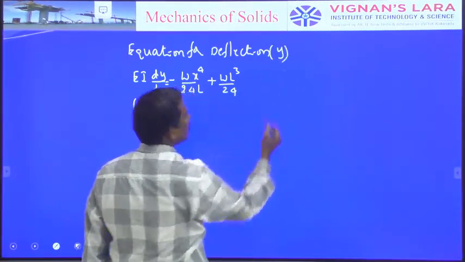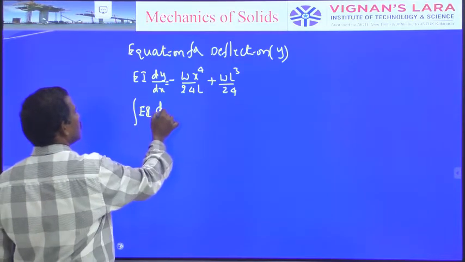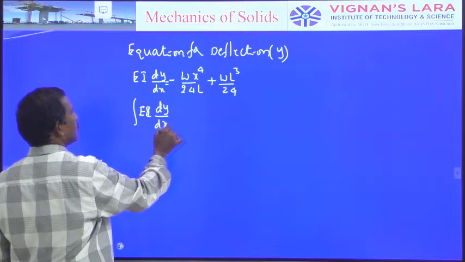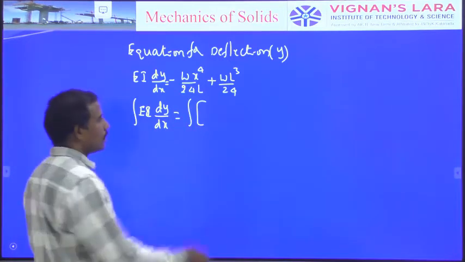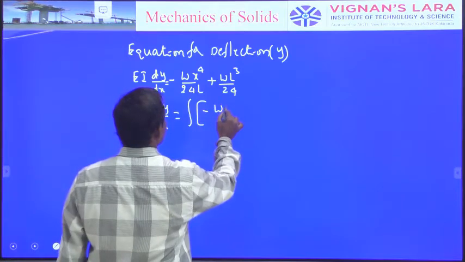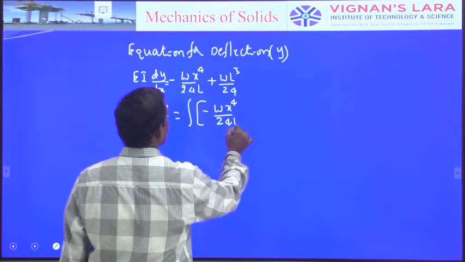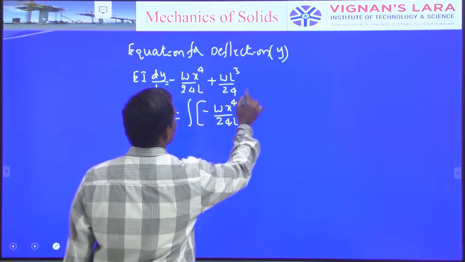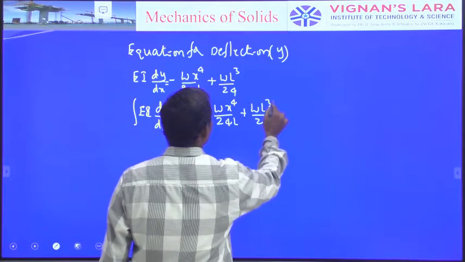Integral of EI into dy by dx is equal to integral of minus Wx power 4 by 24L plus WL cube by 24.